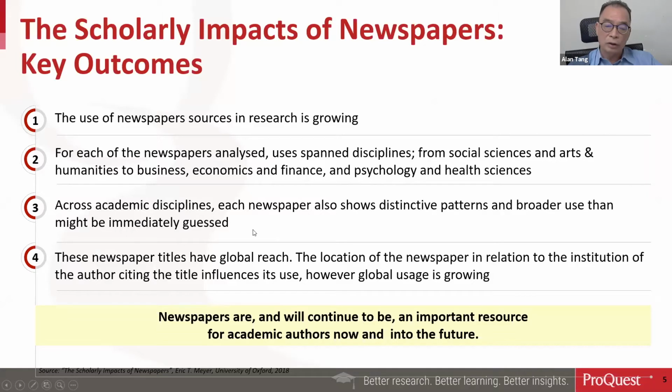Across academic disciplines, each newspaper also showed distinctive patterns of broad use. Also, due to the geography of where the newspaper is published, the location is resonant with the location of the author, which influences the title used. But in general, the global usage is growing.